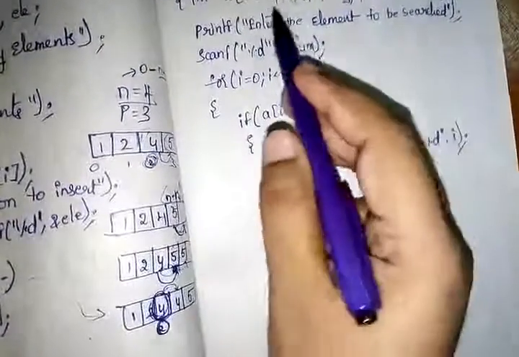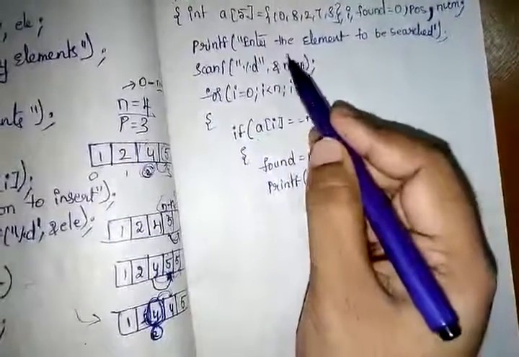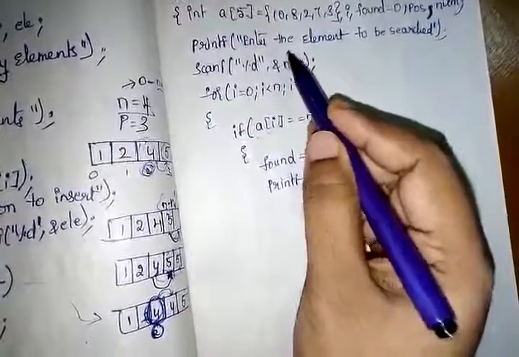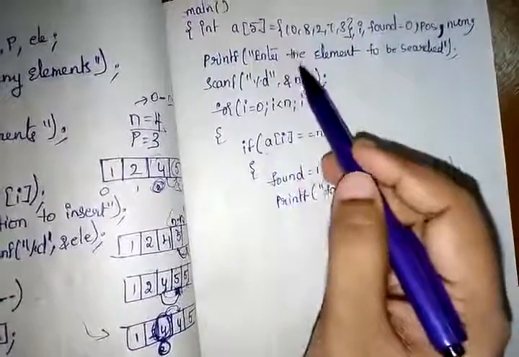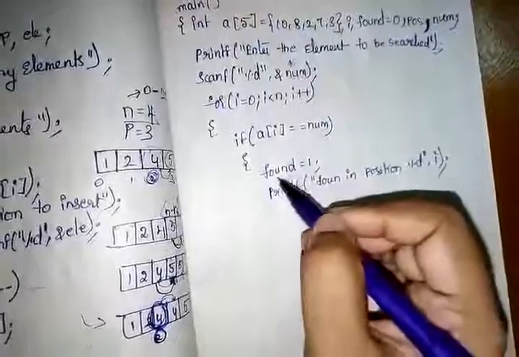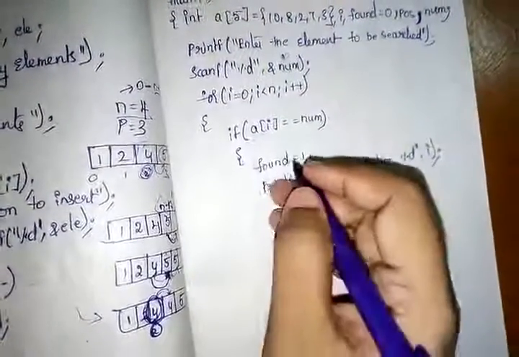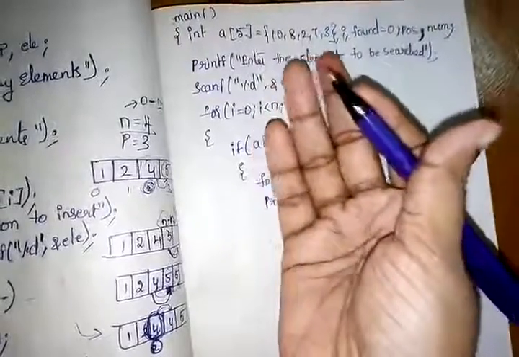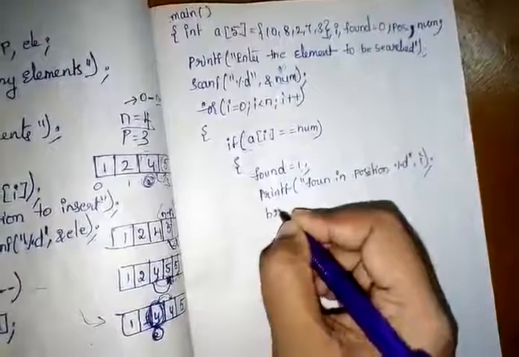Once the element is found, you need not check the remaining elements. If it is 10 I have given, in the first comparison itself it will match the element. So found will be 1, position will print that position, and as we don't need to check the remaining elements, we can break the loop.